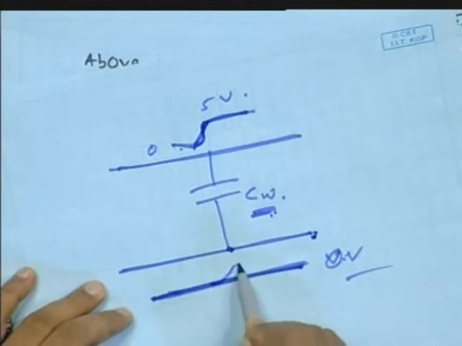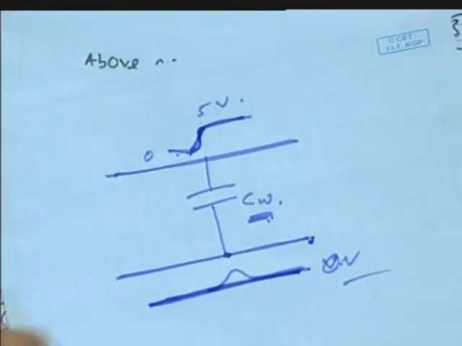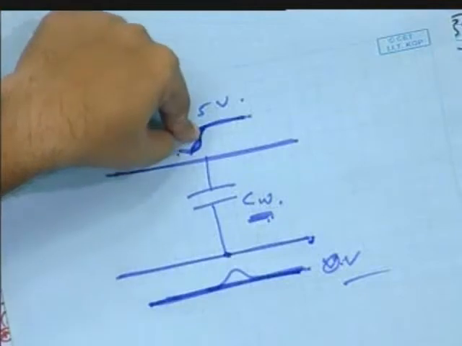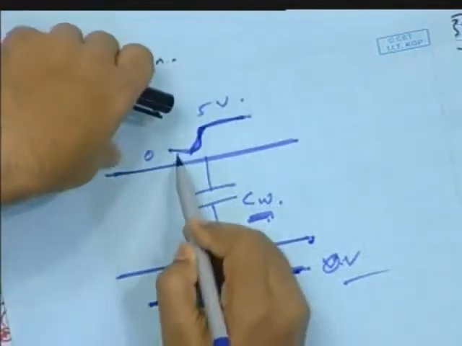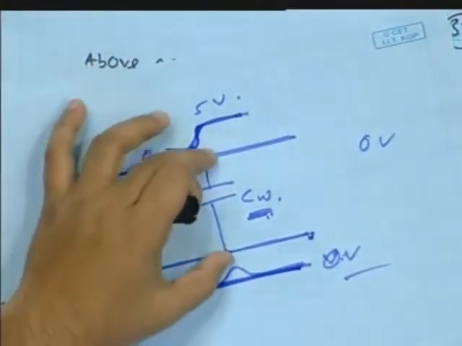There will be a little bump, right? Why? From intuition, the voltage across a capacitor doesn't change abruptly. Earlier, this was 0 volt and this was 0 volt, so the voltage across the capacitor was 0 volt.